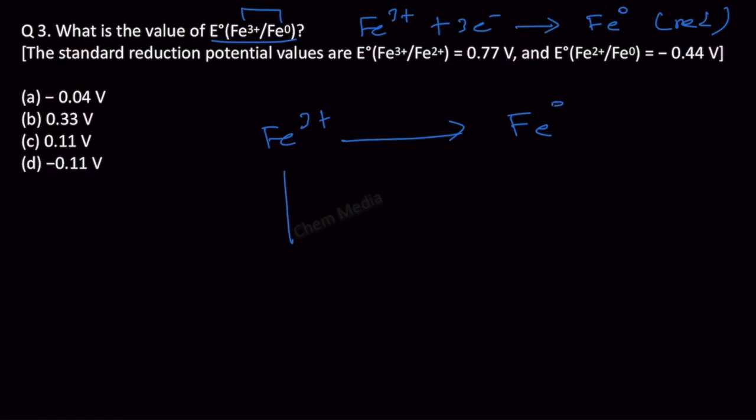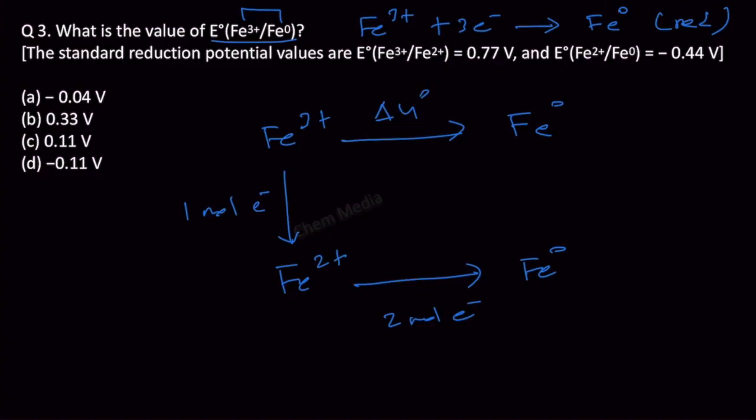What is given is Fe3 plus becoming Fe2 plus, that requires 1 mole of electrons, and it is also given when Fe2 plus becomes Fe0, that requires 2 moles of electrons. So let us say this is delta G naught 3. Therefore this is delta G naught 1 and this one is delta G naught 2.